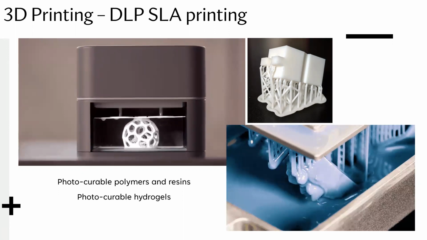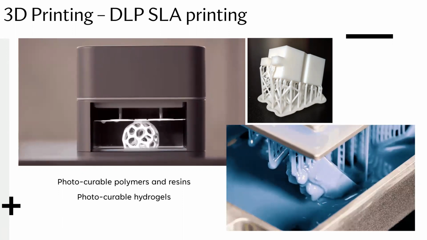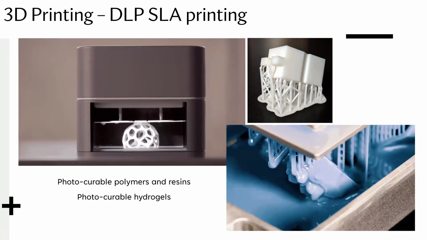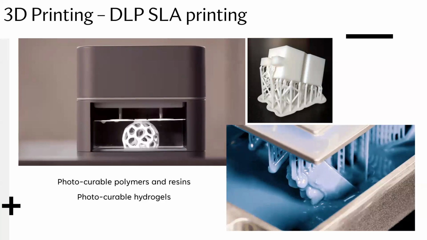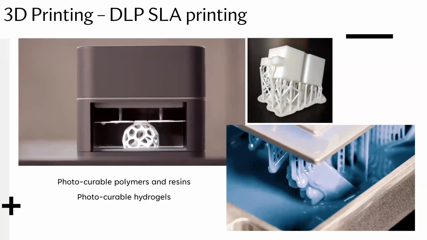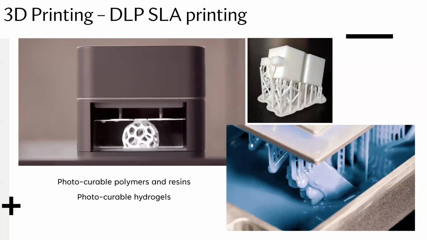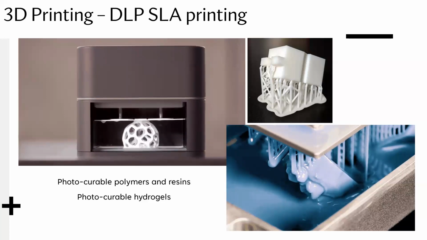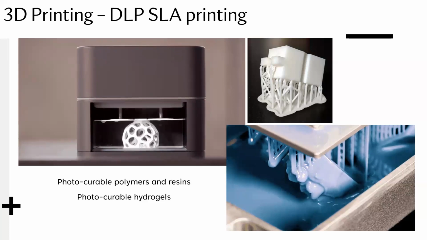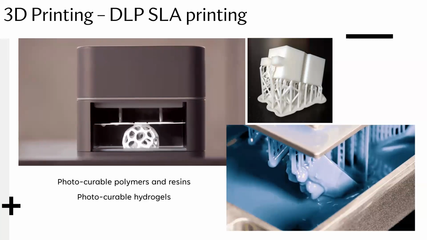So in the case of an FDM printer, you would do a point at a time, which is a zero-dimensional process, and you would then fuse these points together as you deposit material, and then you would move on to the next layer. And then we had the 1D processes, which would deposit an entire line at once. And then these that you can see here are examples of a 2D process, which prints an entire 2D layer at once, and then moves to the next layer.